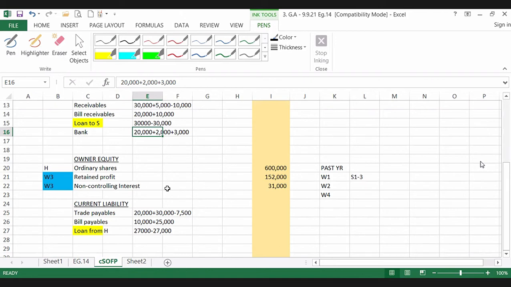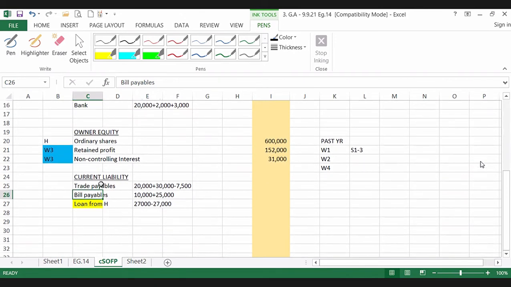So now we go to the C. Bill payable of S. So bill payable here in the books has 25,000, but within 25,000, 15,000 is already inside. So from the 25,000, 15,000 is related to the holding.